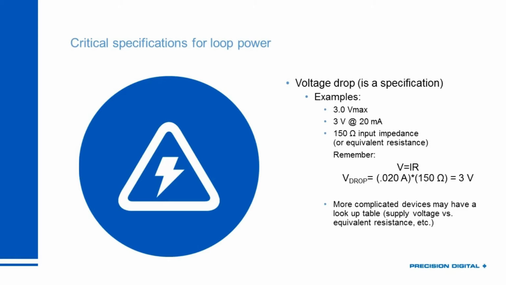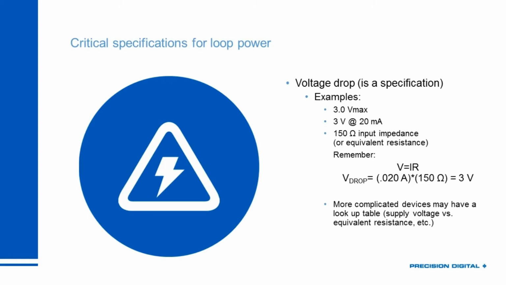If 3 volts at 20 milliamps is there, it's telling you that at 20 milliamps you're going to drop 3 volts. The basic equation for electronics is V equals IR: voltage is equal to current times resistance. The maximum voltage drop occurs at the maximum current, so by saying 3 volts at 20 milliamps, they're letting you know essentially the same thing, a 3 volt max drop.